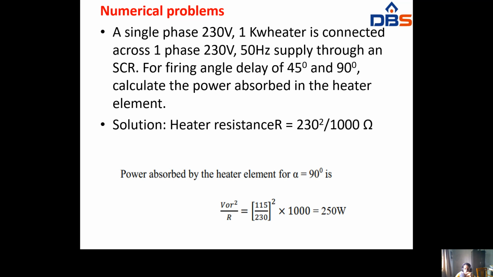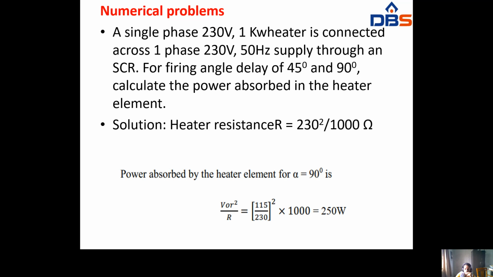So 230 volts and 1 kilowatt heater, R equal to V square by 1 kilowatt, so 1000.